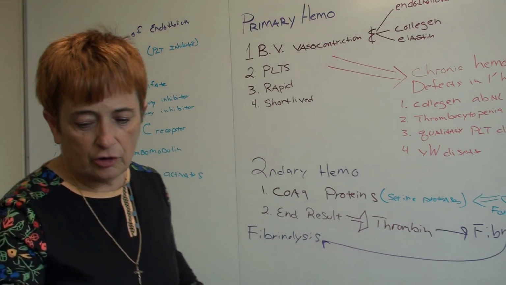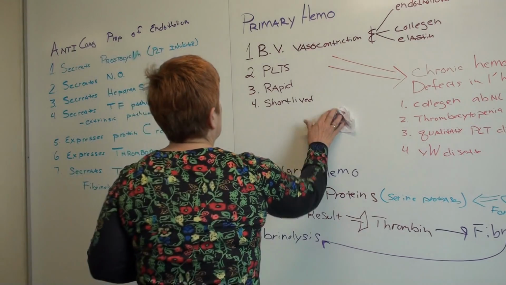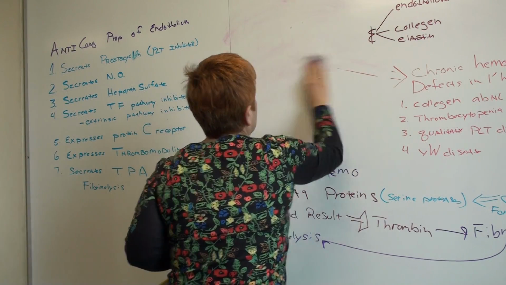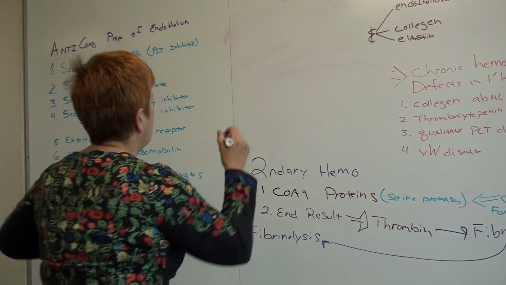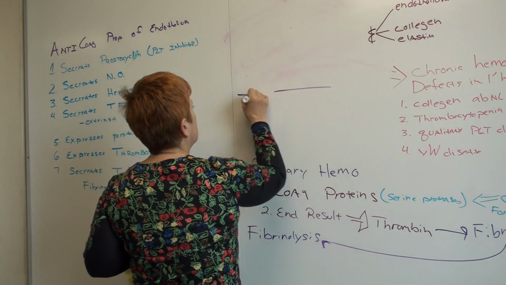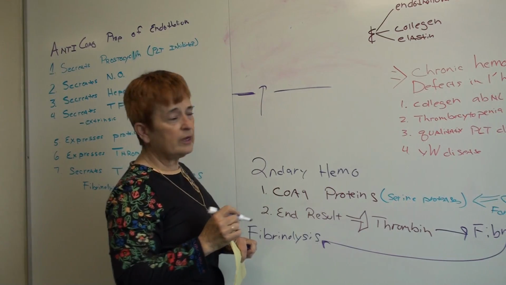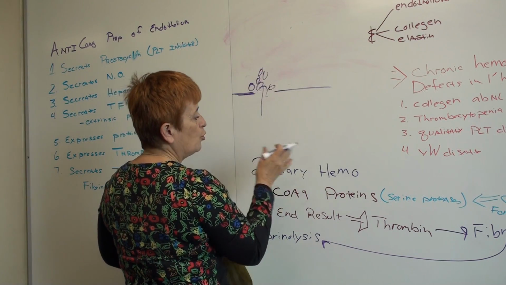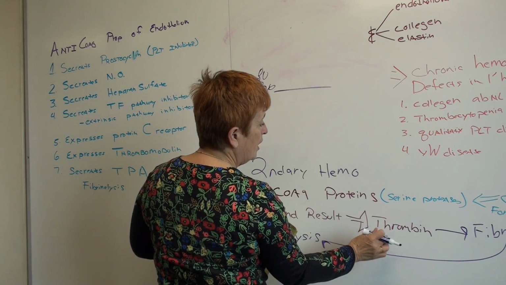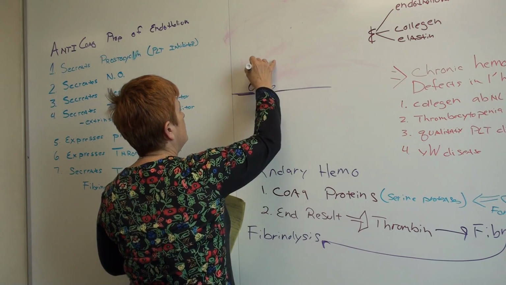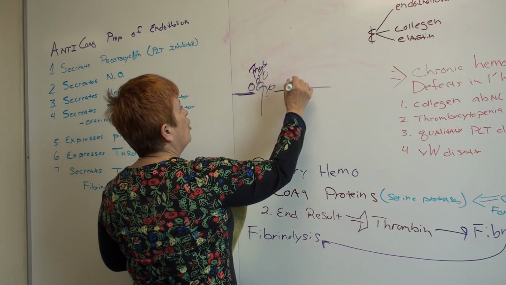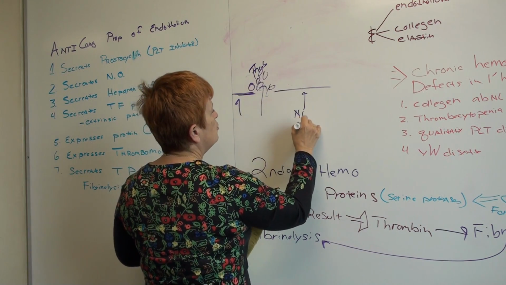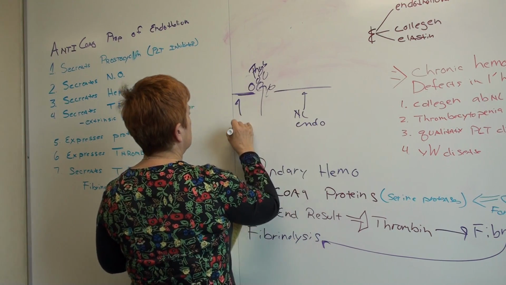So actually what I'm going to do is kind of erase this a little bit so I can draw something out here for you really quickly. So if this is my hole, my clot, and I've got clots forming, and remember what I need to end up with is thrombin. Over here on both sides is normal endothelium.